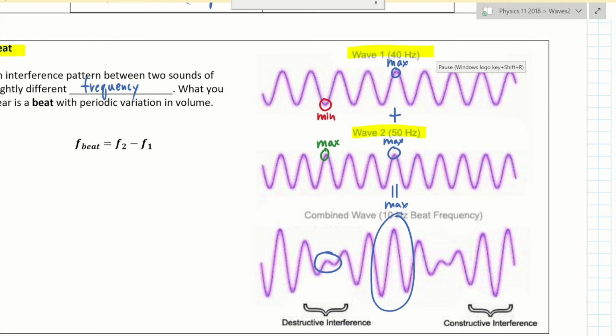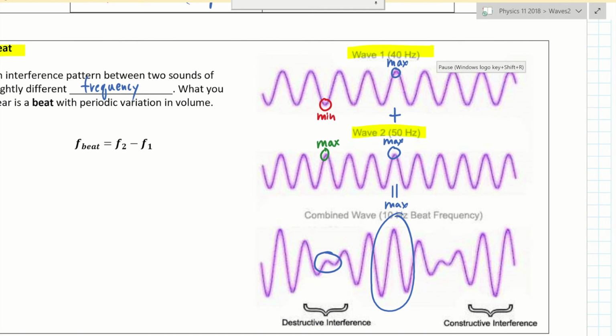Then the two waves will sometimes help each other out and sometimes destroy each other. That will create a very funny looking sound profile. What it will sound like is sometimes loud, sometimes very soft. When the two waves are adding up, lining up max to max, the wave sounds very loud.